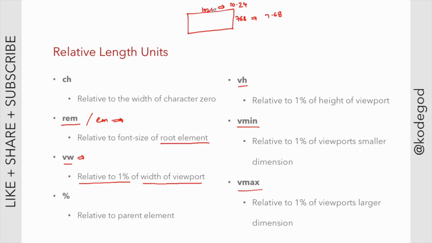So we have 1024 and 768, and it will take whichever is the minimum value. In this case 768 is the minimum, so this will be the default value for vmin. In case of vmax, between these two values, whichever is the maximum will be taken. In this case this is the maximum, so this will be used as the default value.